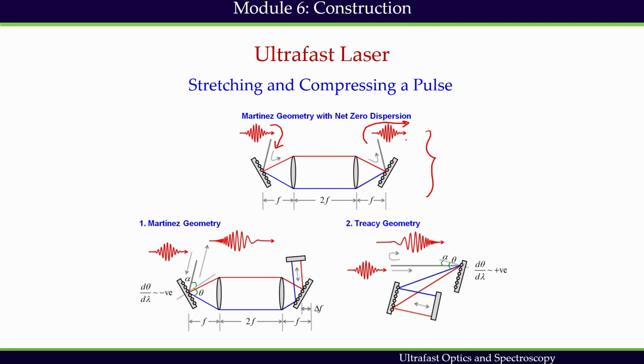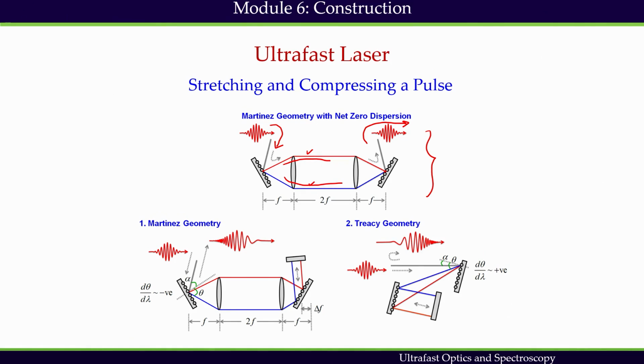The same pulse will come out, because this red light and blue light represent the lower frequency and higher frequency regimes of a pulse. The lower frequency components and higher frequency components will have the same optical path length, they are traveling the same distance, and that is why there is no effective chirp introduced in the pulse.